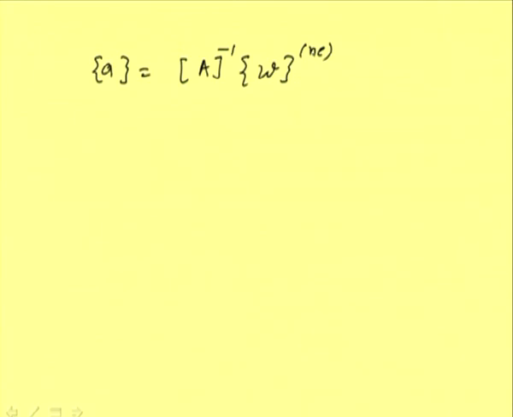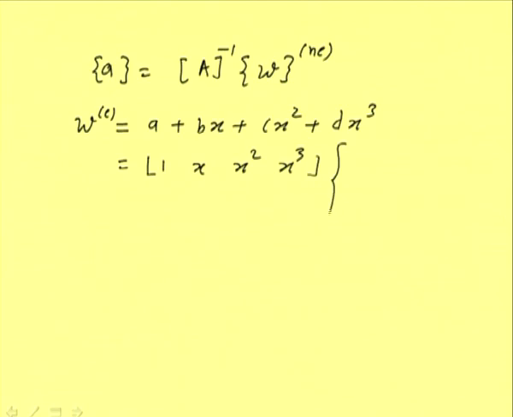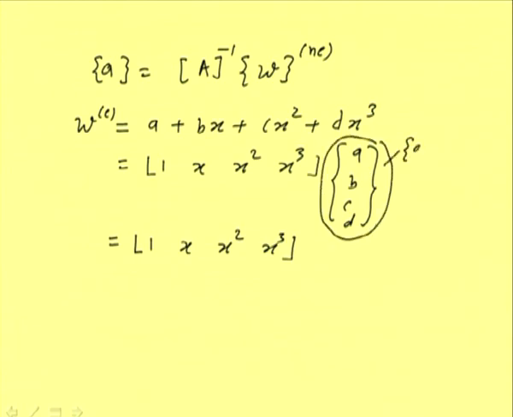And the polynomial which we had earlier, a plus b x plus c x square plus d x cube, can be written as the row 1, x, x square, x cube times the vector a, b, c, d, which is nothing but small a vector.